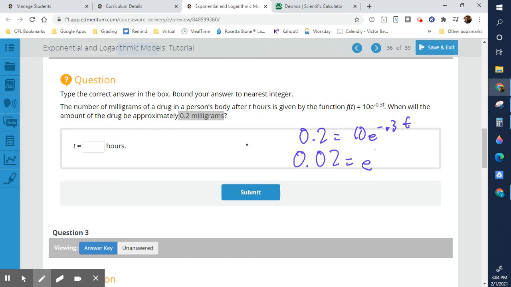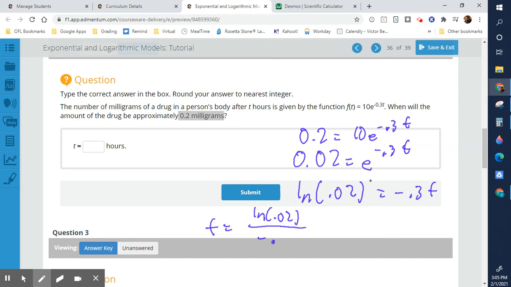Get e to the negative 0.3t. To get rid of e, we're going to ln both sides. So ln of 0.02 is equal to negative 0.3t. Then t must equal ln of 0.02 divided by negative 0.3.